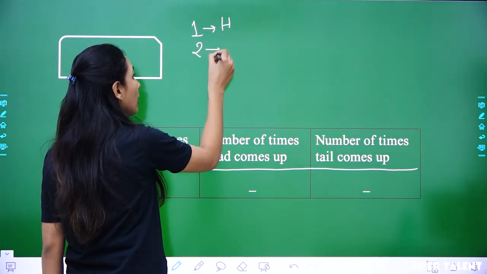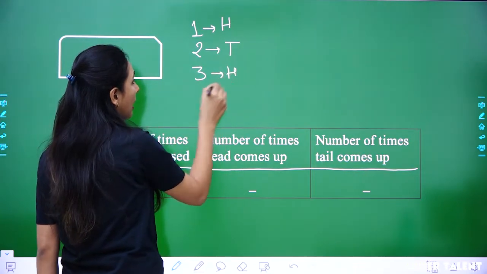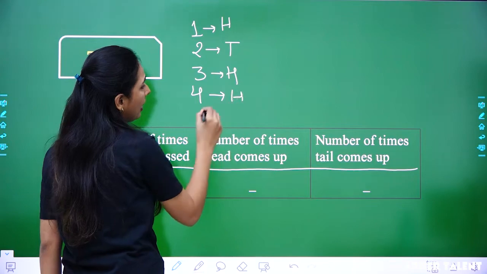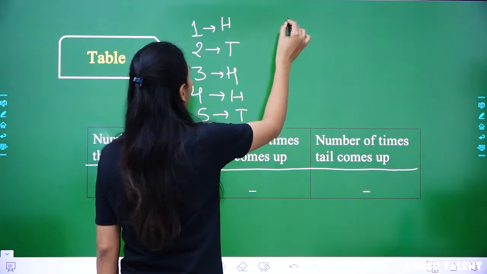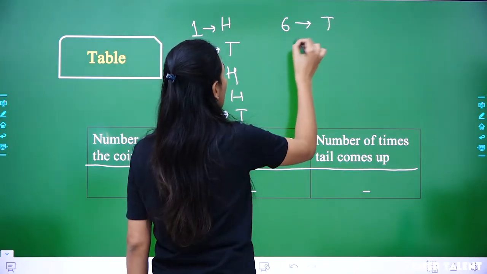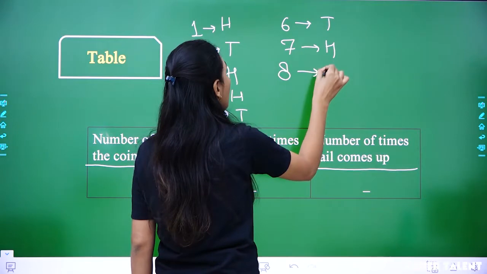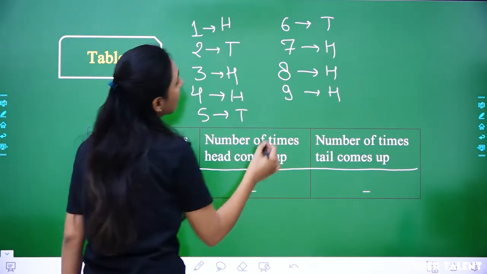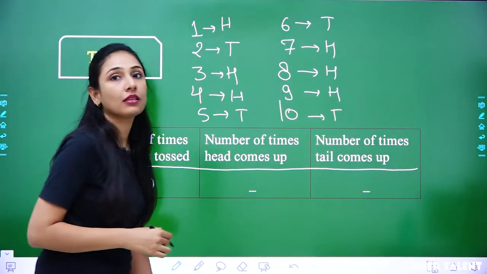In the second trial I got a tail. In the third trial a head, and the fourth trial a head again, the fifth trial a tail, the sixth trial a tail, in the seventh trial a head, in the eighth trial a head, in the ninth trial a head, and in the 10th trial, let's suppose you got a tail.